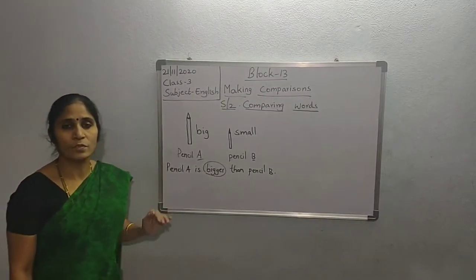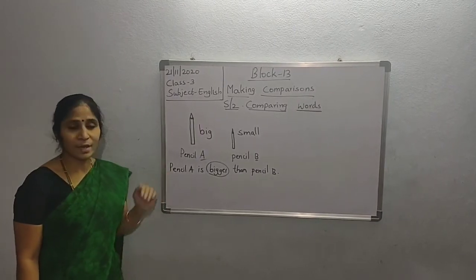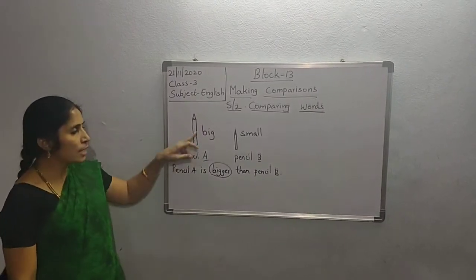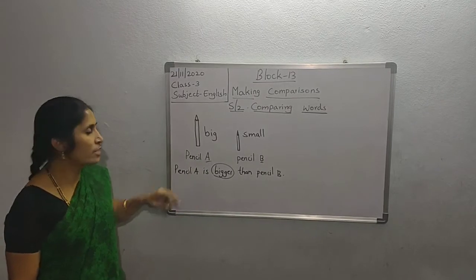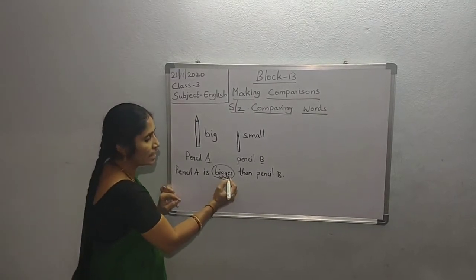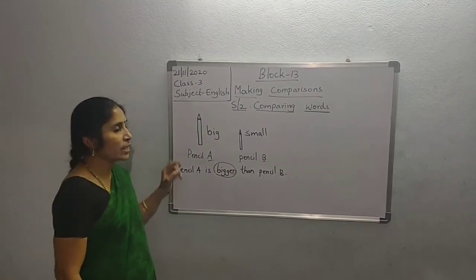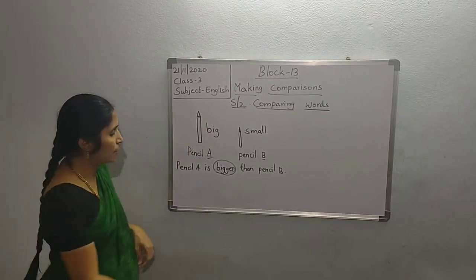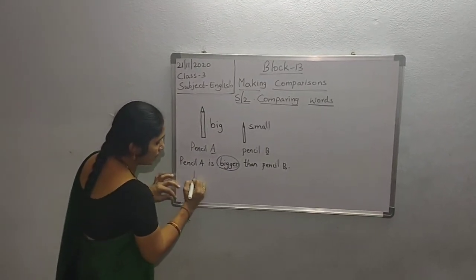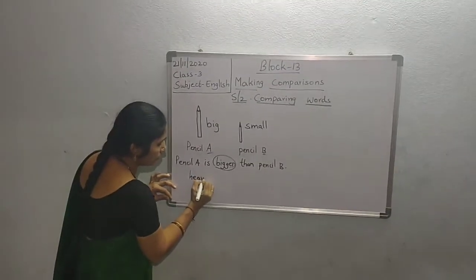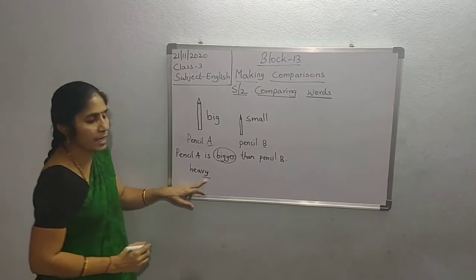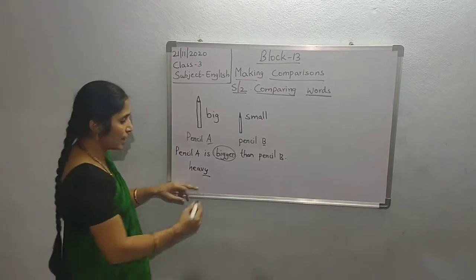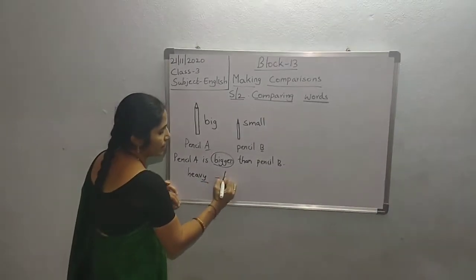There are some rules when we are writing comparative adjectives, children. If they are short adjectives, mostly we just add er to the adjectives. For example, if the adjective ends with y, H-E-A-V-Y, heavy, how will the comparative adjective come?